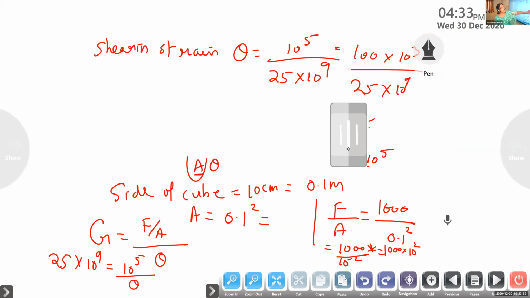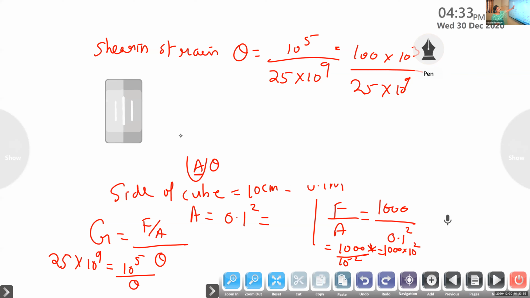There is a lot of mathematical manipulation. Without splitting you can also find it, there is no problem, but I am just splitting it. 100 into 10 to the power of 3 is the same as 10 to the power of 5. You can cancel the 25 and you will get 4. Then the next step: take the 10 to the power of 9 upstairs.